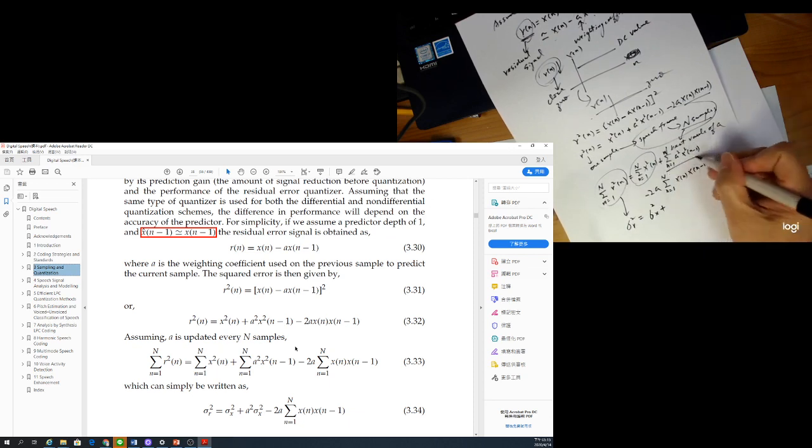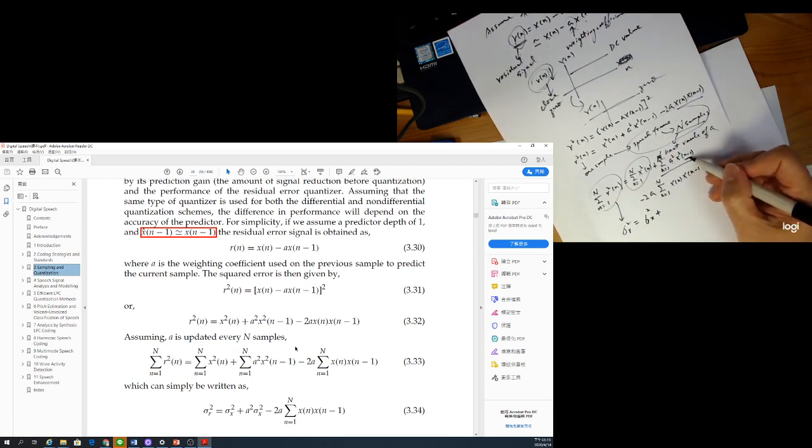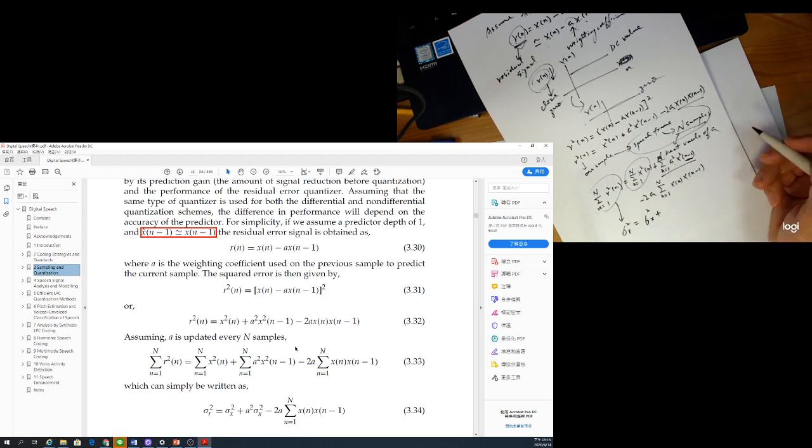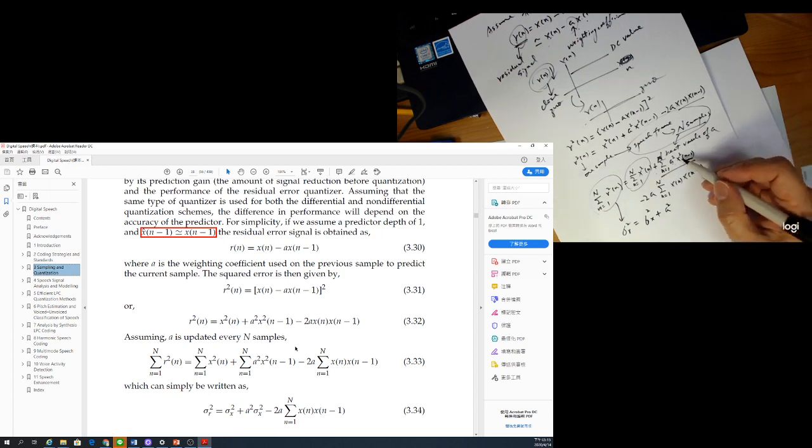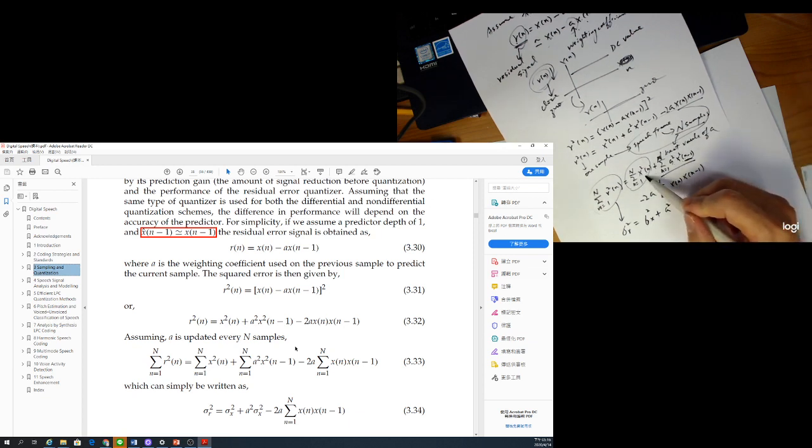And this one, we assume a is independent of the index n. So the a will be put outside here. So our summation, as summation, is the signal energy, this one and this one, just one signal deviation.